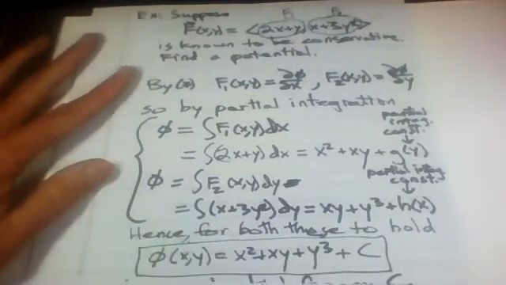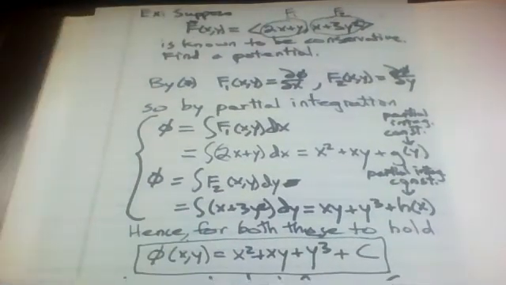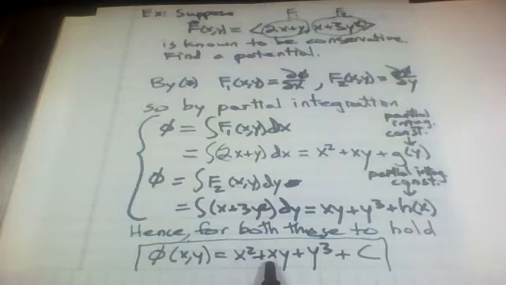Now that should look like your formulation from calculus 1, where if you had a function that was integrable, if you said a function was a derivative and integrated it, there was an infinite number of functions that had that derivative.